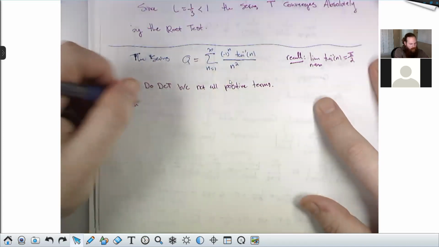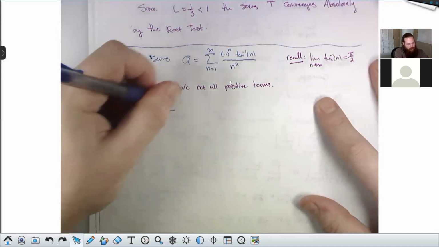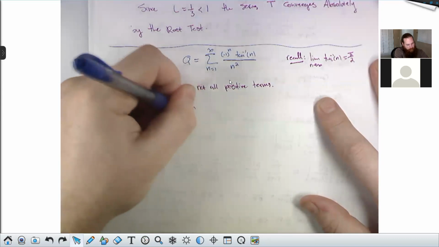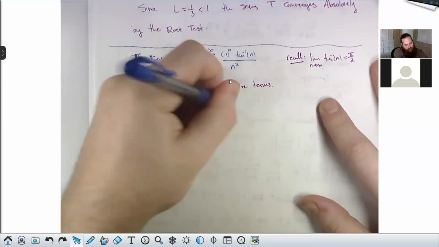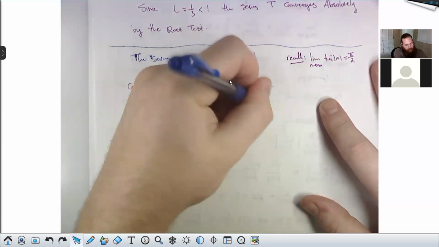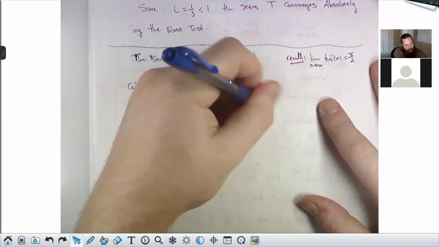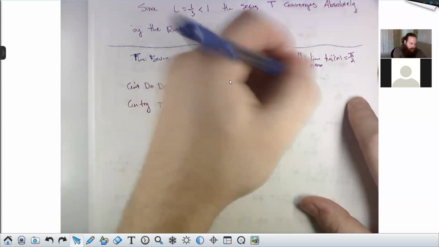I can try the test for divergence, but it won't help because the limit as n goes to infinity of a_n is the limit as n goes to infinity of -1 to the n inverse tangent of n over n squared. This limit is going to be 0.